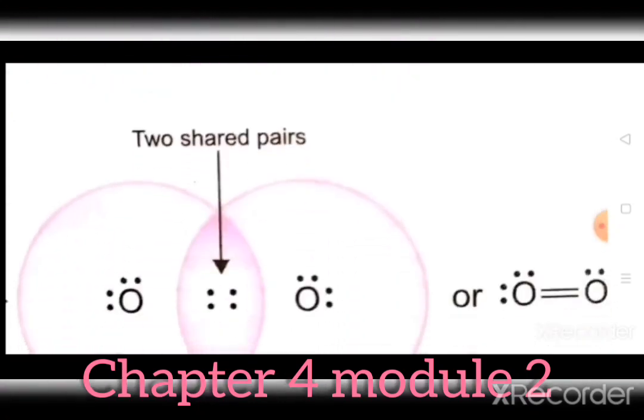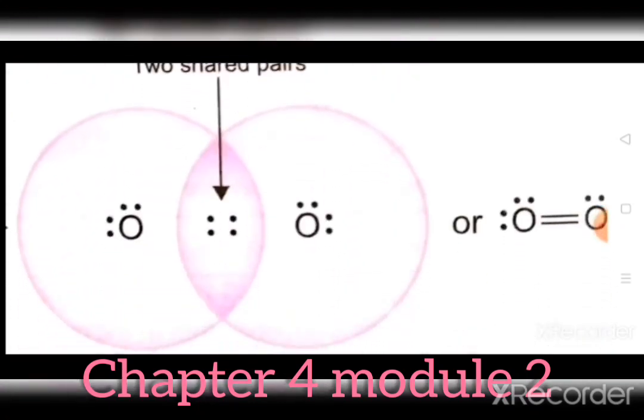Now next one, O2. Oxygen is having number 8, so its configuration will be 2, 6, outermost 6 electrons. So it will share 2 electrons with another oxygen atom.